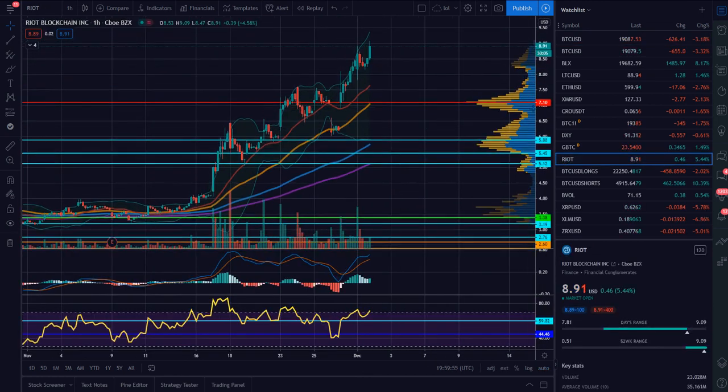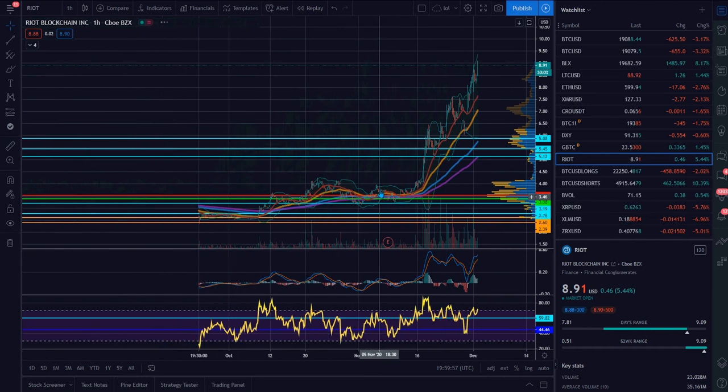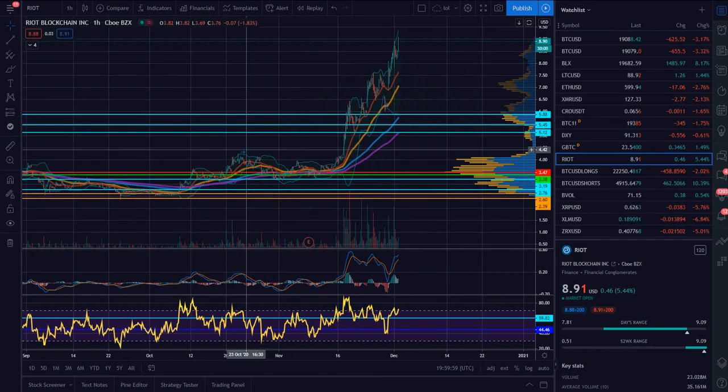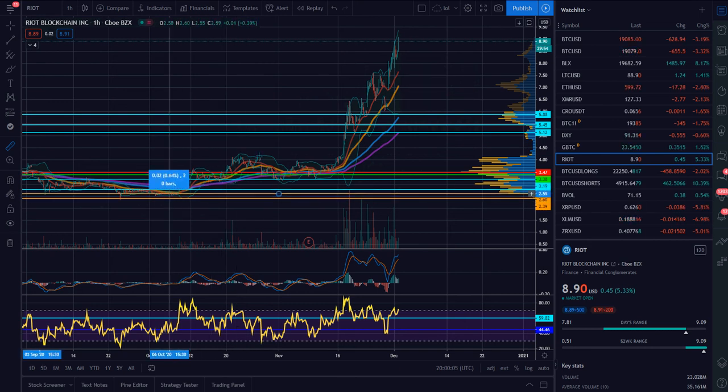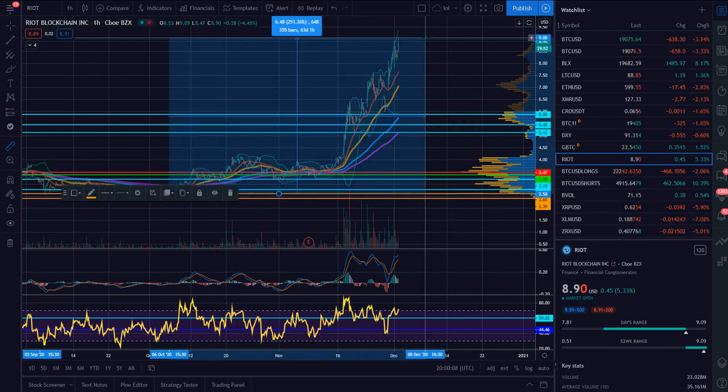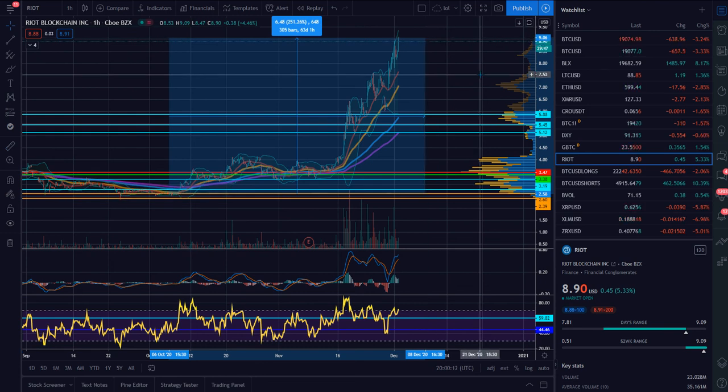ARK is just mooning right now. From the $2 range we talked about, literally penny stock. If you got in when we were talking about it, let's say right here, up here, you made a 251% return. Again, that's a lot, but not a lot to smaller caps.